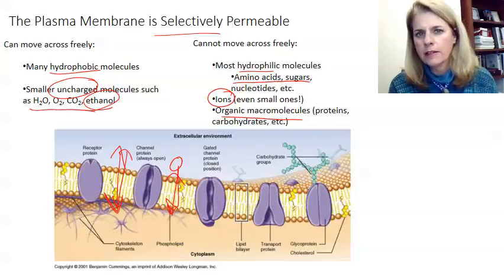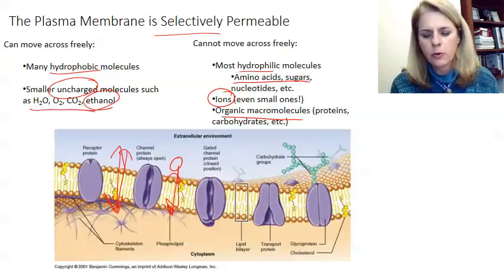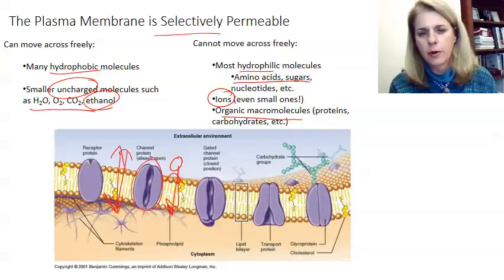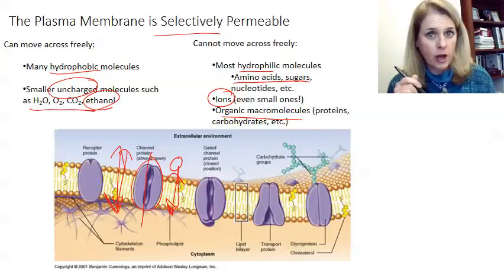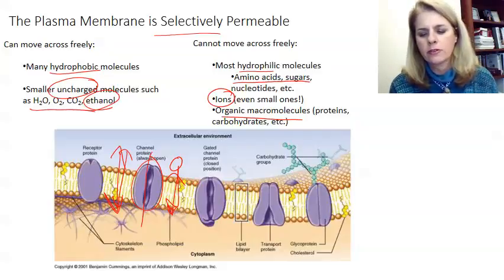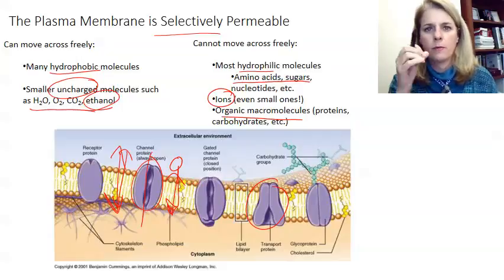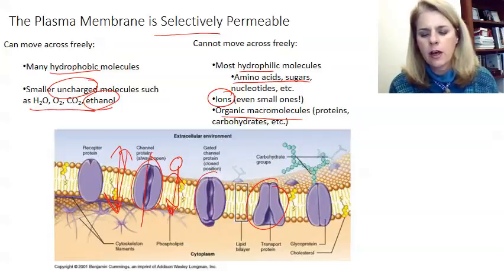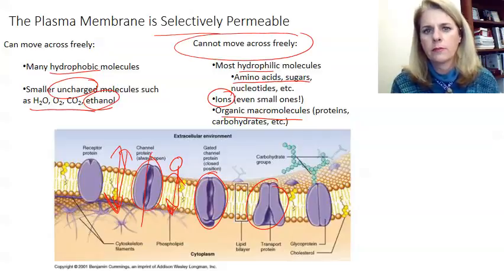And we're going to talk about different types of membrane transport in the next video. When you're talking about membrane transport, you're talking about many times a protein. It may be a channel that basically is like a pore. It's a hole in the membrane that allows things to move through it. It may actually transport it, physically grab it and move it across. So there's all kinds of proteins in the membrane that can allow you to move things across the membrane that aren't freely permeable.